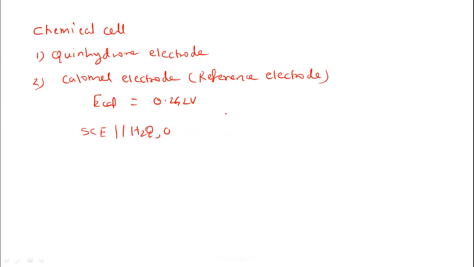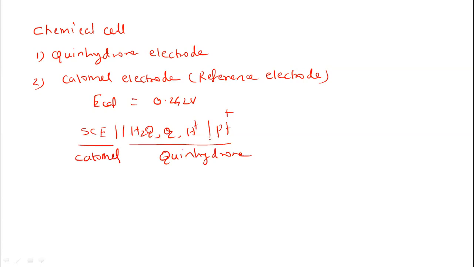This Quinhydrone electrode is connected to the positive terminal of the potentiometer. And this is the calomel electrode, the reference electrode. So in this way, we have to construct the cell.